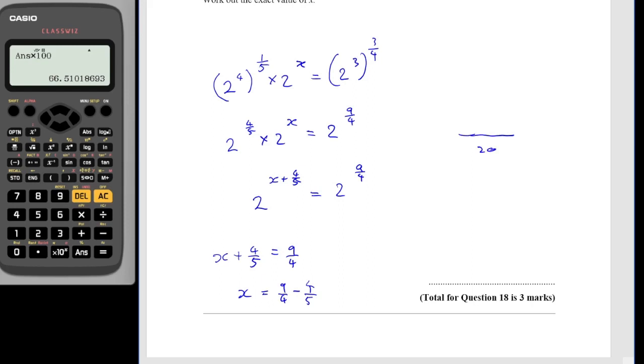So I've times that one by 5, so 45 minus 16 is going to be 29 over 20. Which is 1 9/20. 29 divided by 20, and as a decimal that's 1.45.